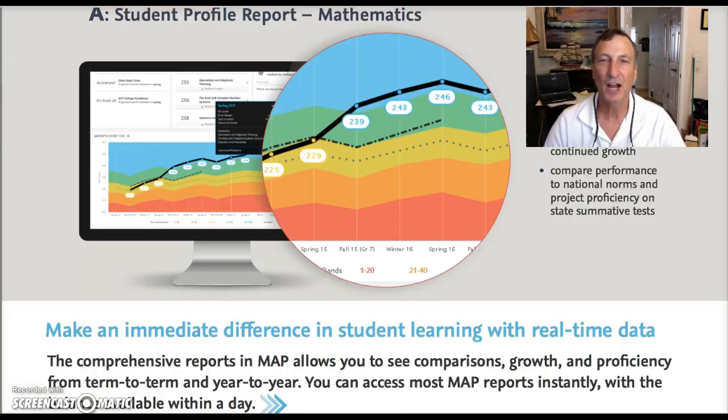Now, with our next tool, you could see that when we had each student data point plotted on the 4-quadrant matrix, each student's individual data can then be viewed by clicking on that dot on that matrix. And that brings up what you see here, the student profile report. This one, for instance, is in mathematics.